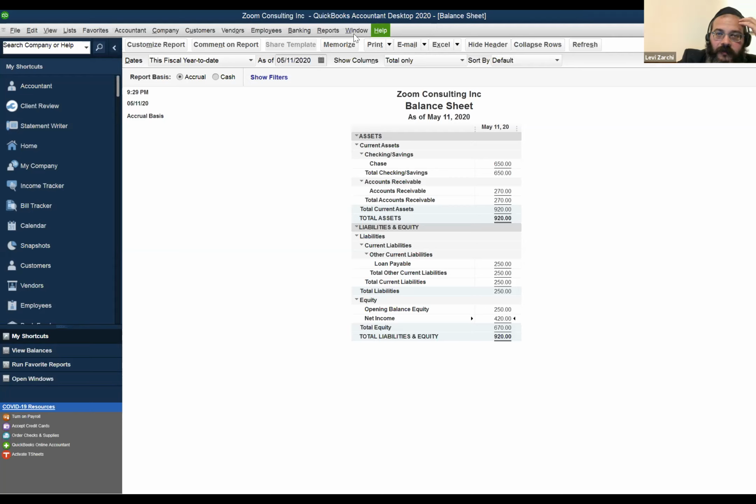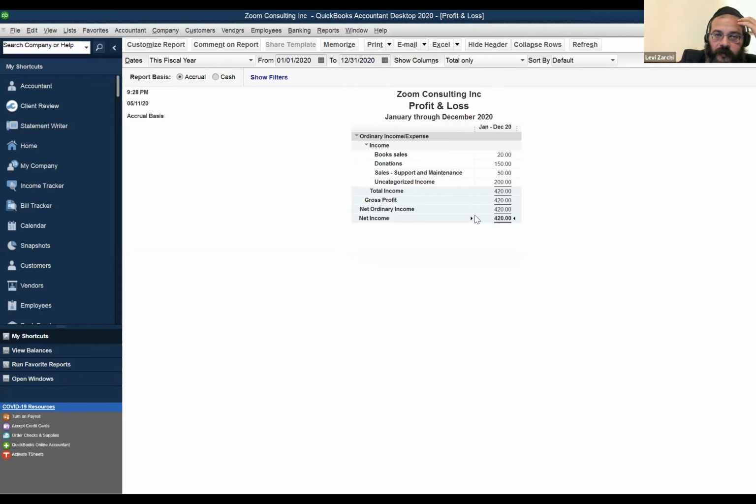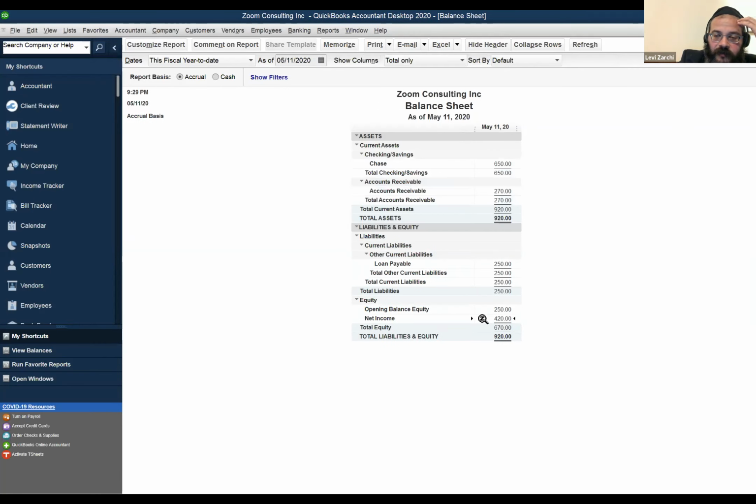So again, the profit and loss of the current year is $420 on an accrual basis. If you go on a cash basis, all we have is really 150. So the 420 will become our net income, which gets carried over to our balance sheet, which we'll discuss in more detail in another class.